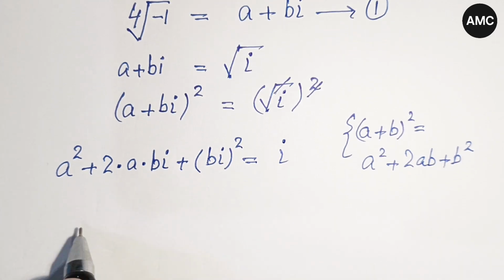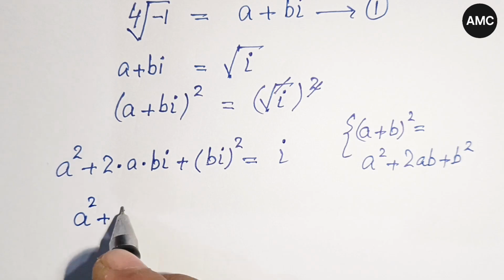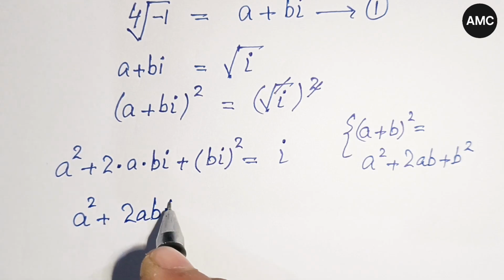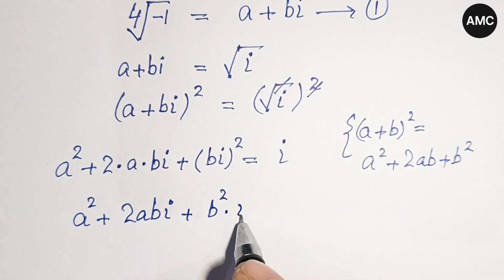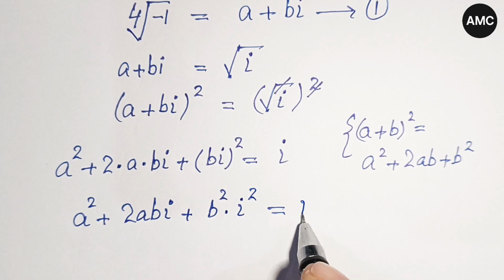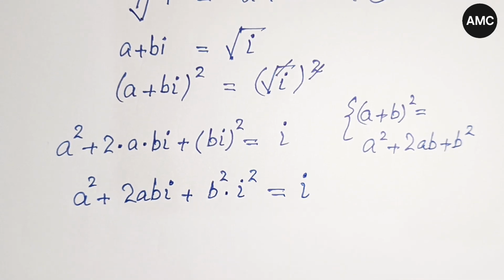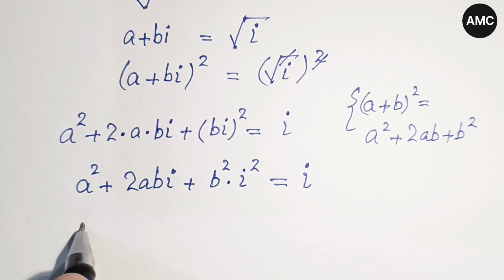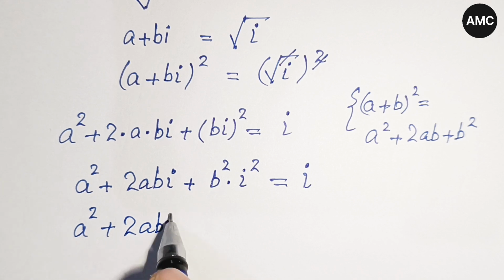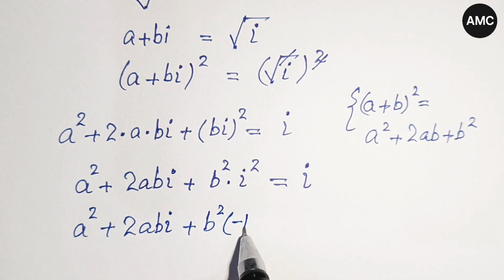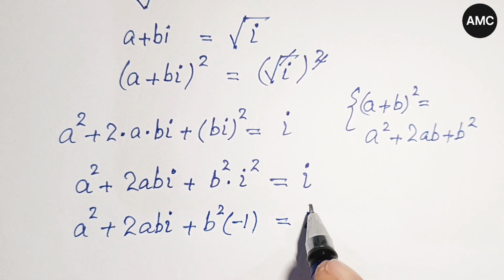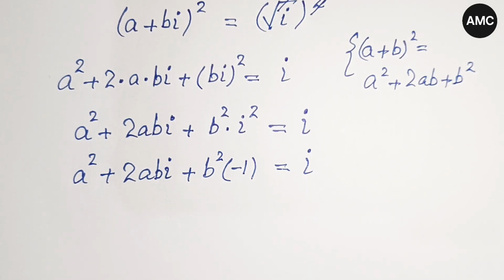Now a squared plus 2 times a times b iota plus b squared times iota squared is equal to iota. Now a squared plus 2ab iota plus b squared, and we know that iota squared is equal to minus 1, so it is equal to iota.